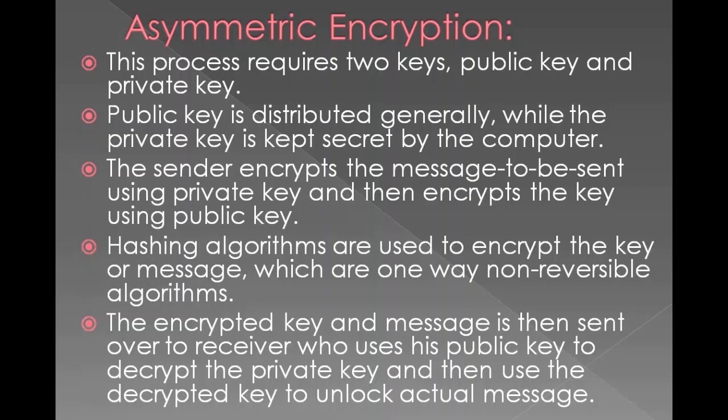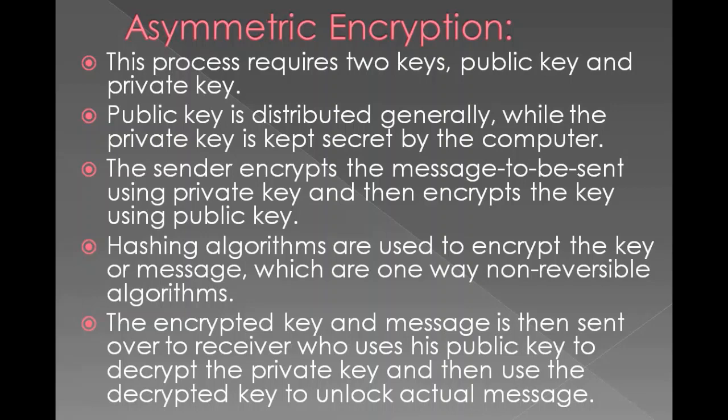The encrypted key and message is then sent over to the receiver who uses his public key to decrypt the private key and then uses the decrypted key to unlock the actual message. Now, when the receiver receives the package, first of all, he uses his own public key to unlock the private key that was sent by the sender. And then using that private key, the user is able to unlock the actual message which was sent to him.